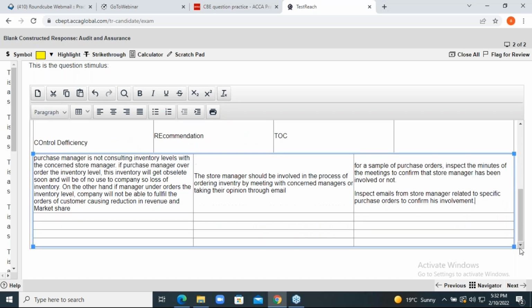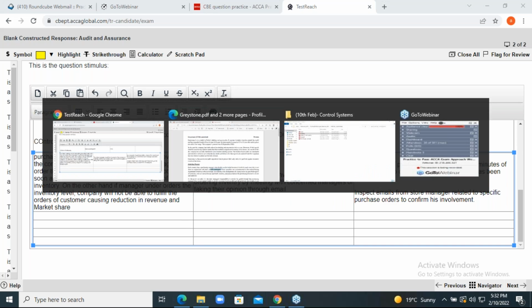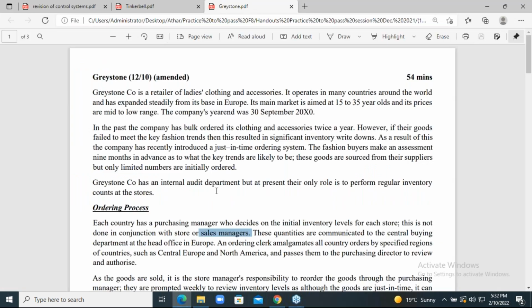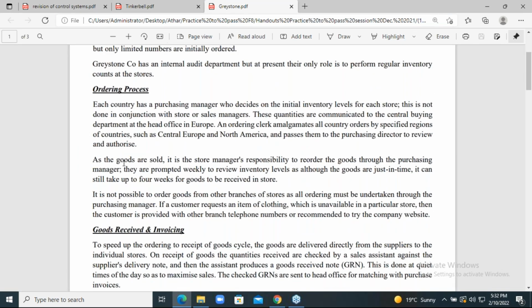Now, if we go to the second point, you can see this is the paragraph. If you read this paragraph: as the goods are sold, it is the store manager's responsibility to reorder the goods through the purchasing manager.